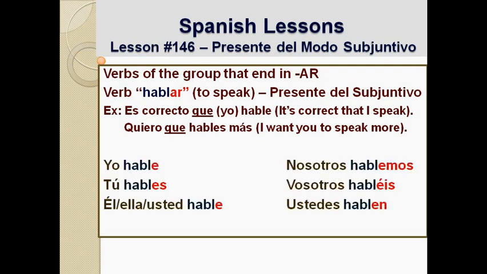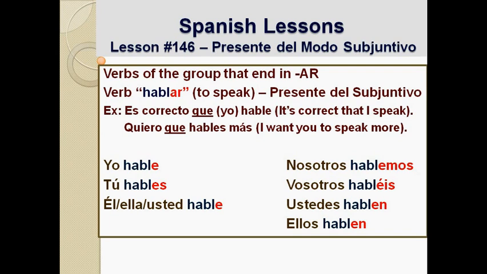Okay, here we will begin with the first person, with I. Yo hable. Tú hables. Él hable, or ella hable, or usted hable. Nosotros hablemos. Vosotros habléis. Ustedes hablen. Ellos hablen.